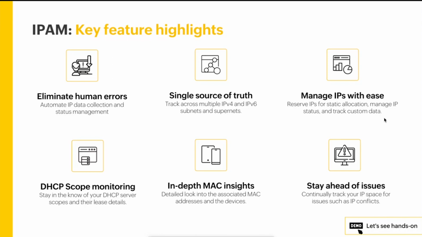And now comes the most important part: enabling you to stay ahead of network issues, because you do not want to get trapped in an IP issue. IP issues can be really minor. It's just two MACs competing for an IP, and we call it an IP conflict. It sounds quite simple, doesn't it?